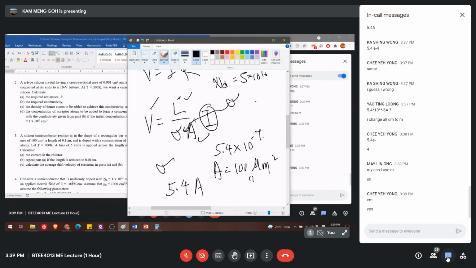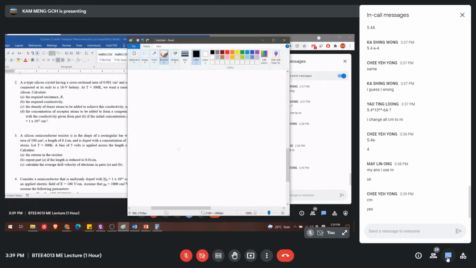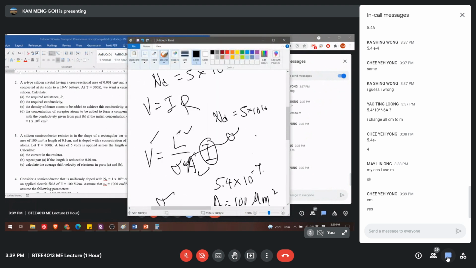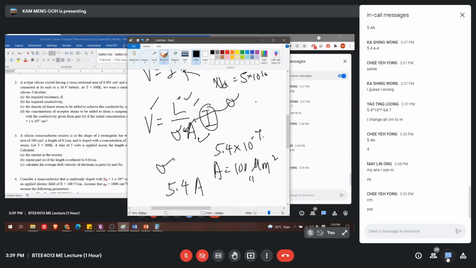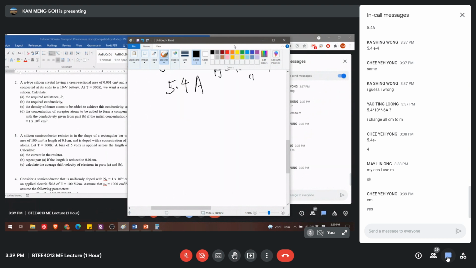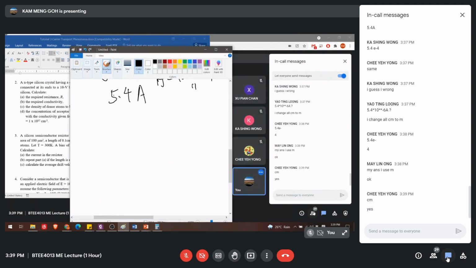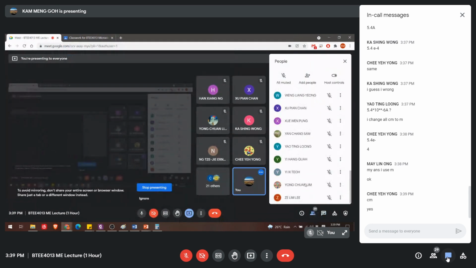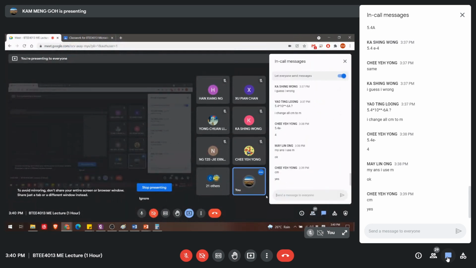Okay, then the second question asks, repeat part A if the length is reduced to 0.01. So we use the same formula, then we get a different I when we change the length. Length drops, then I, what's the answer? Let's see.